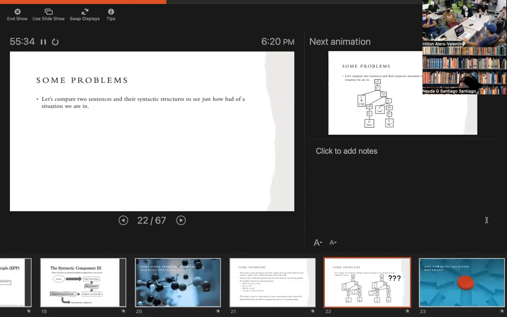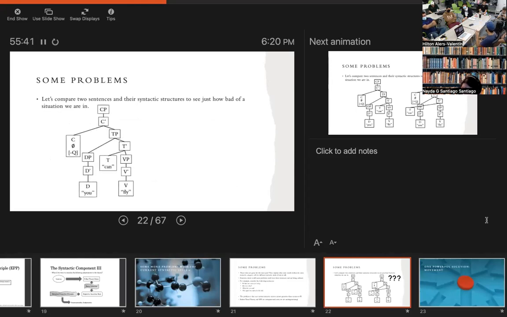And to demonstrate how much of a problem we're in, because this is not any small thing, we're going to compare two sentences. One that is grammatical based on what we have so far, and a sentence that the system that we have cannot generate. So here we have the sentence, you can fly, right? You can think of the CP in this case as the generator of the sentence.